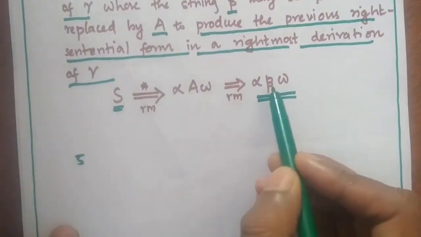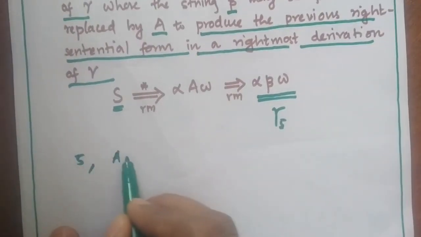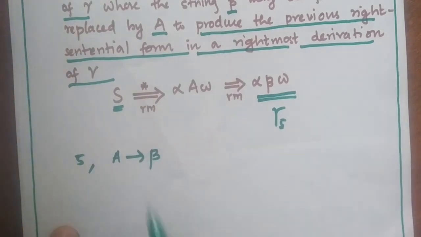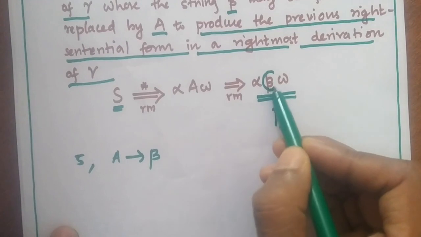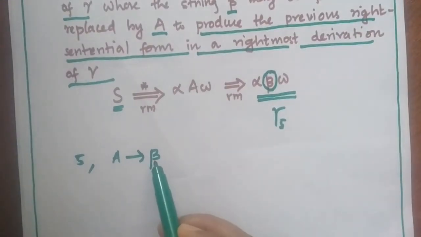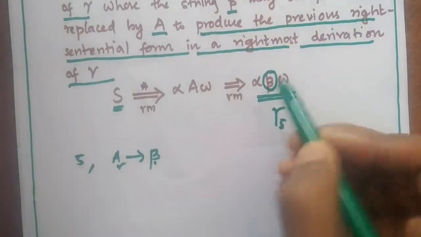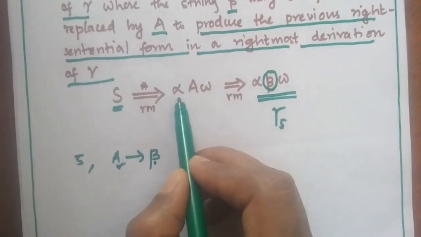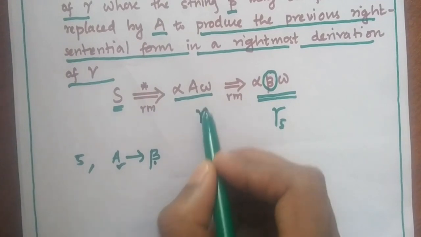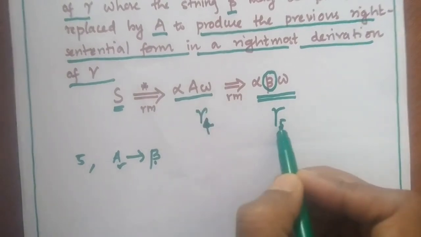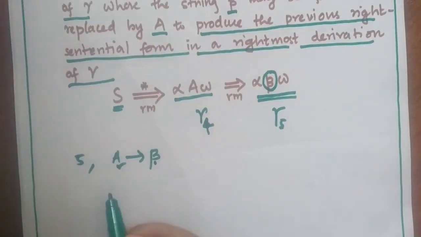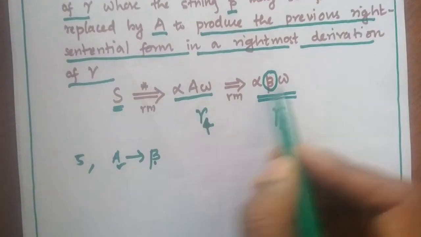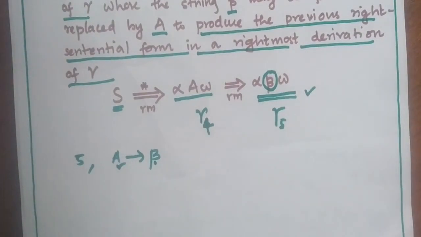Then we have identified a production A gives beta, where beta is on the right side of this production and matches this substring. And we have replaced this beta by A. So we obtained another right sentential form, which is just previous to the present. The present one is R5, then the just previous is R4, in the rightmost derivation of R5.